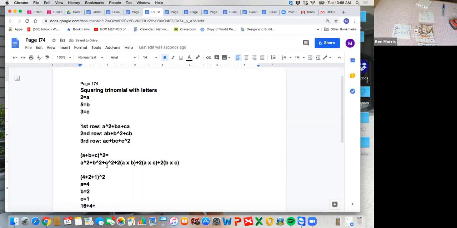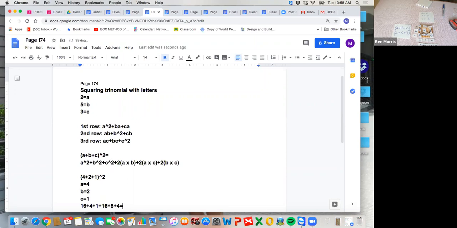Plus C squared is 1. Plus, okay, now I'm going to have 2 times AB. Well, what's AB? Is 8, so it's going to be 16. Plus 2 times AC. AC is 4, it's going to be 8. And 2 times BC. BC is 2, so it's going to be 4.